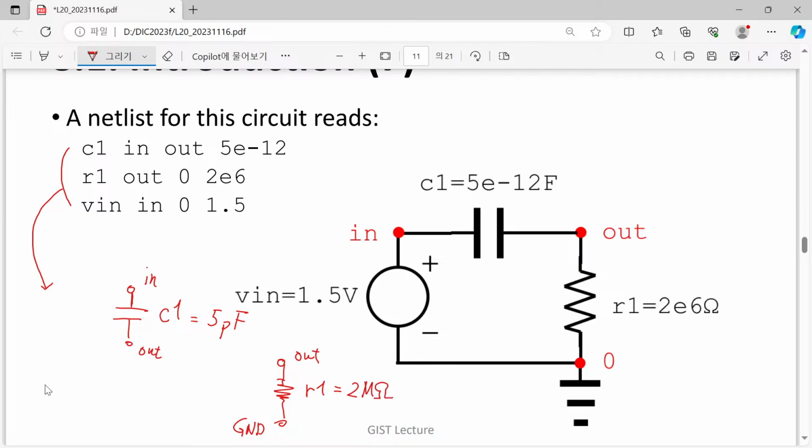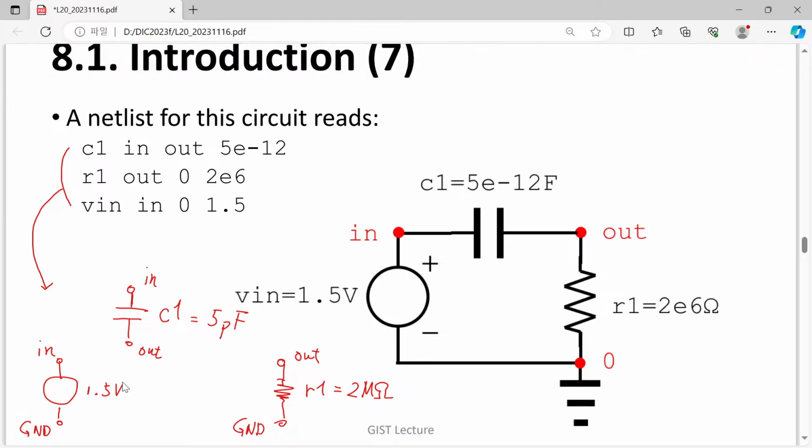And finally we have V in, and it is also connected to in and ground, and it has the value of 1.5. What will be the meaning of this 1.5? It simply says that it is a 1.5 volt battery. So that's it for the netlist format.